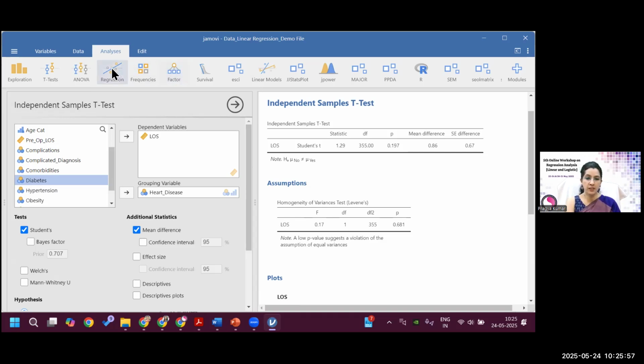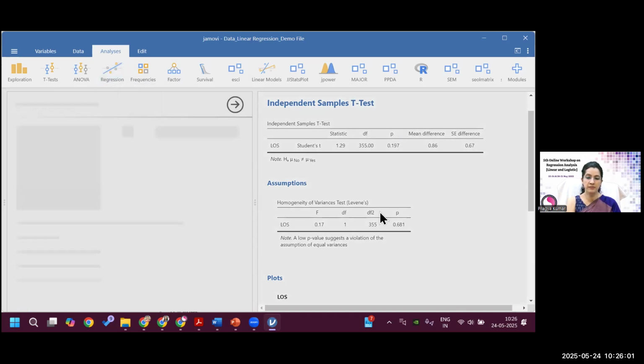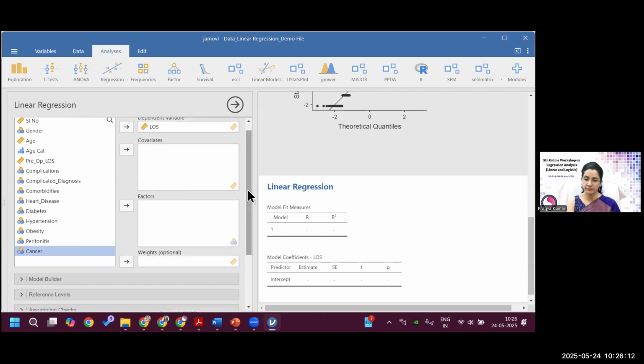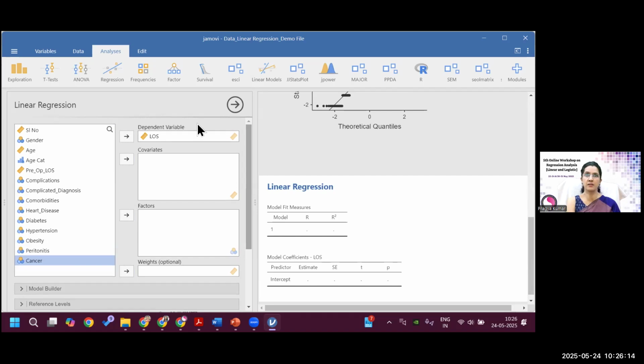Now coming to the regression. So if I go to this linear regression, so how I have done yesterday. I will take this LOS as a dependent variable and I'll check one by one in the model making.